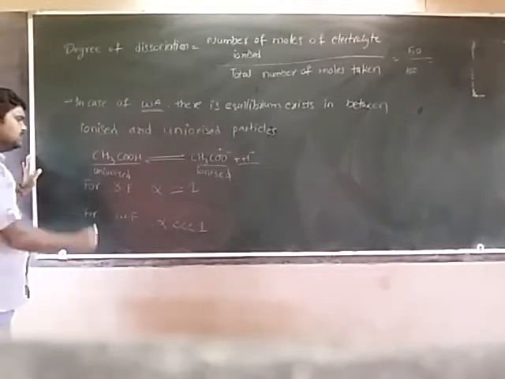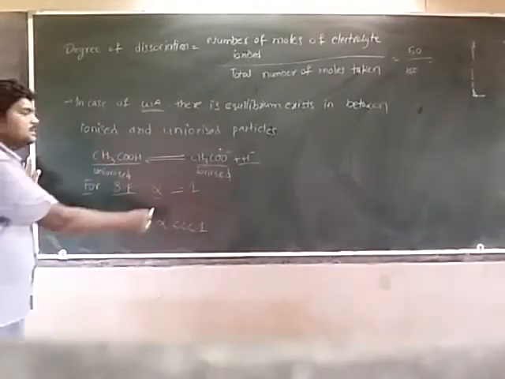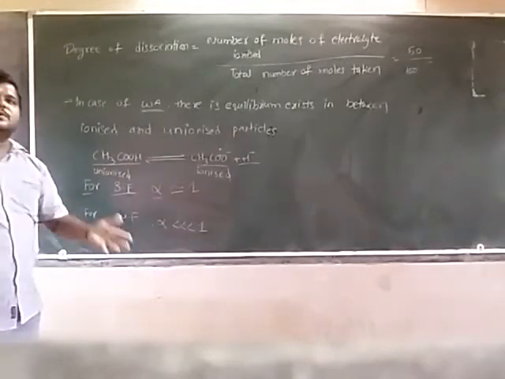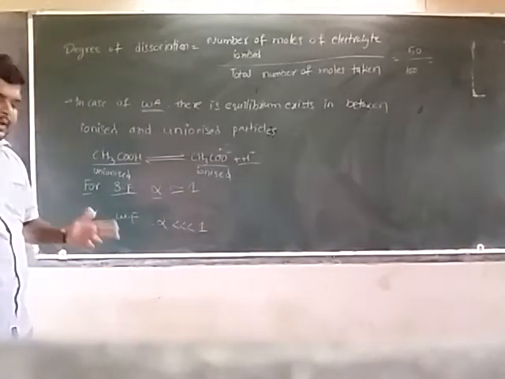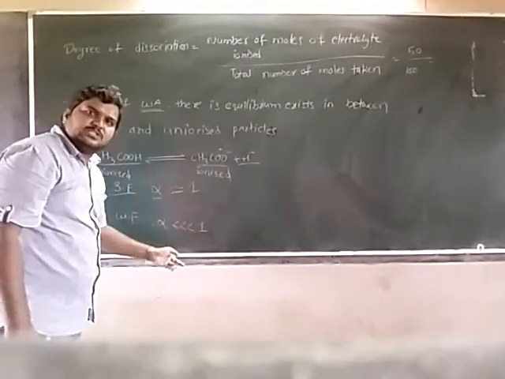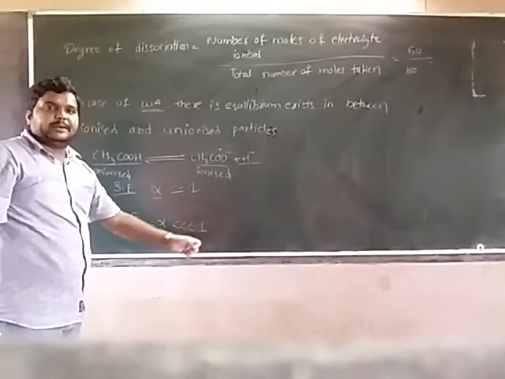For a strong electrolyte, the degree of dissociation is nearly equal to 1, so it undergoes complete dissociation or ionization. For a weak electrolyte, the degree of dissociation is very low, less than 1, very negligible. Is it clear?